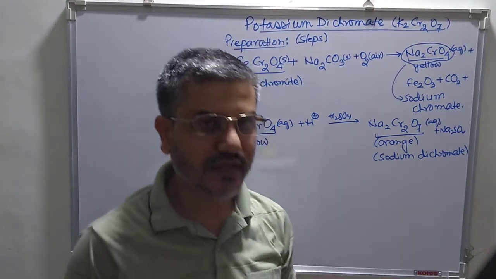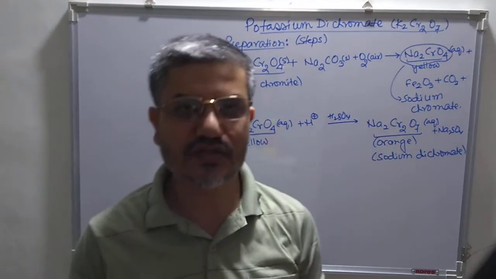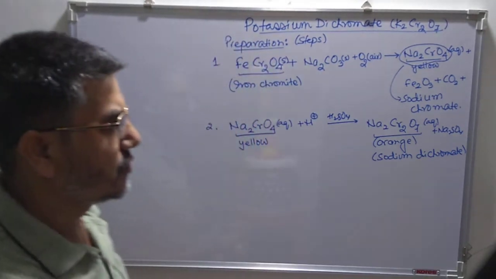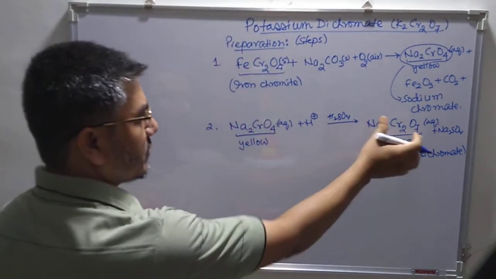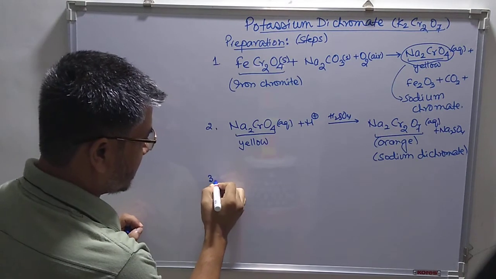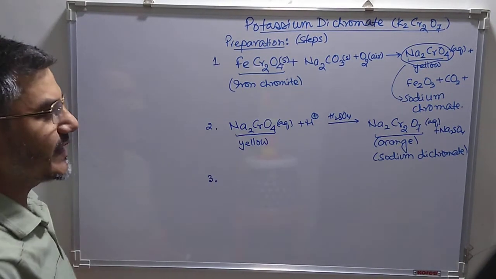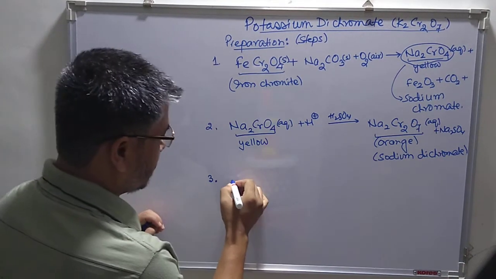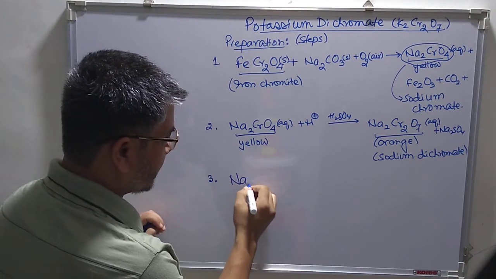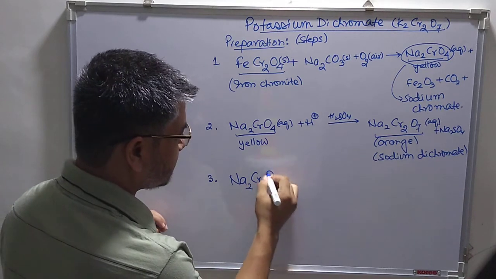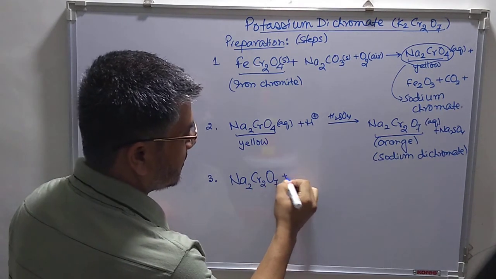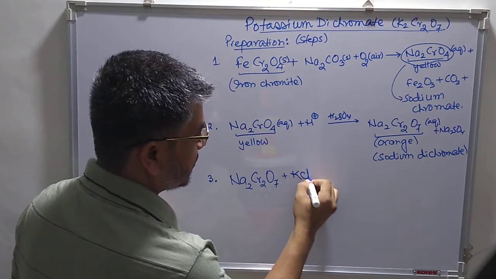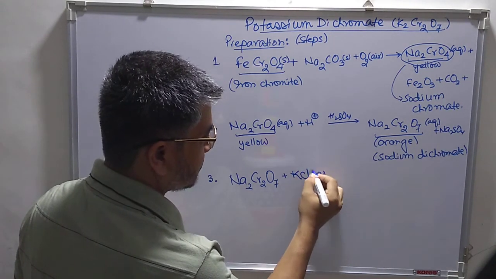Now this sodium dichromate is highly soluble in water. So this sodium dichromate, which is highly soluble in water, is converted into less soluble dichromate on reaction with potassium chloride. So we have sodium dichromate reacts with potassium chloride aqueous solution.